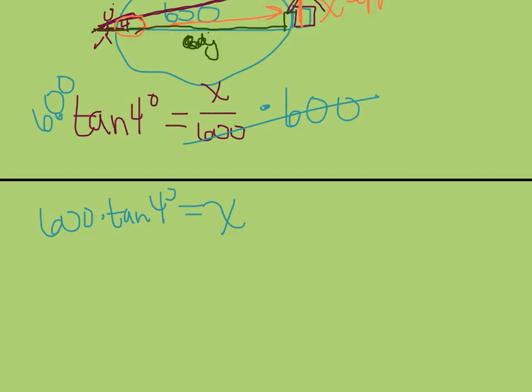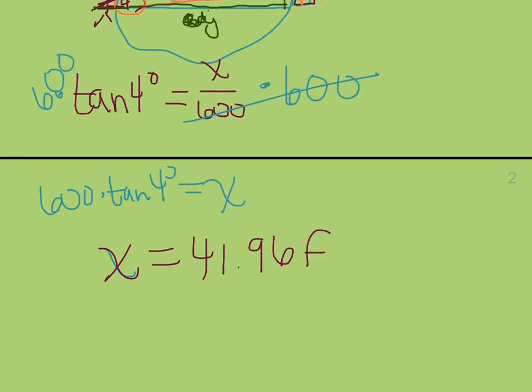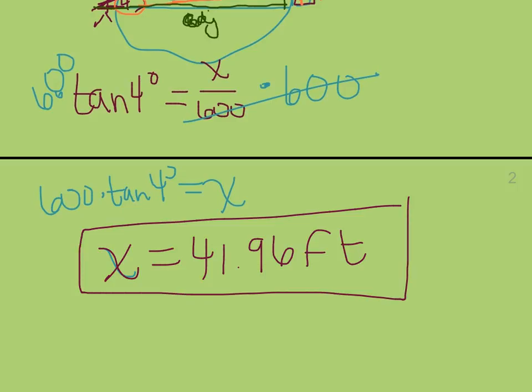And that says 41.956. We could maybe round that to 41.96. So x equals 41.96. Make sure we have units on there. We were dealing with feet, and this is a length, so it must be feet. There we go, 41.96 feet.